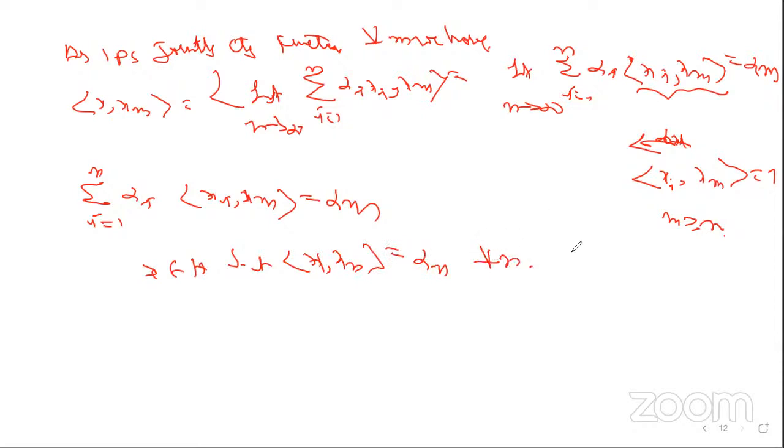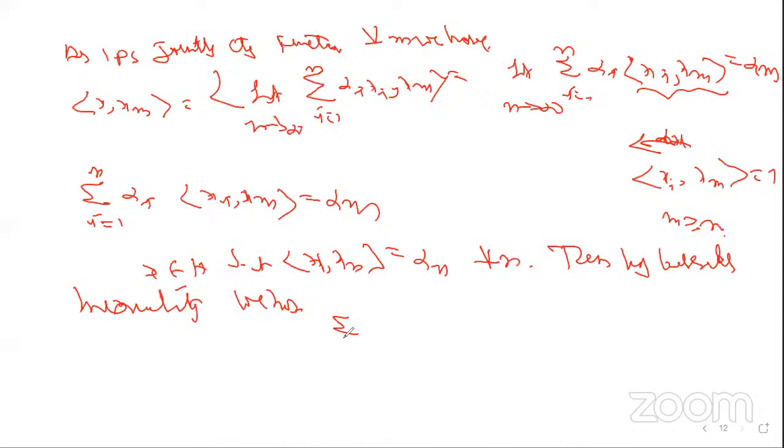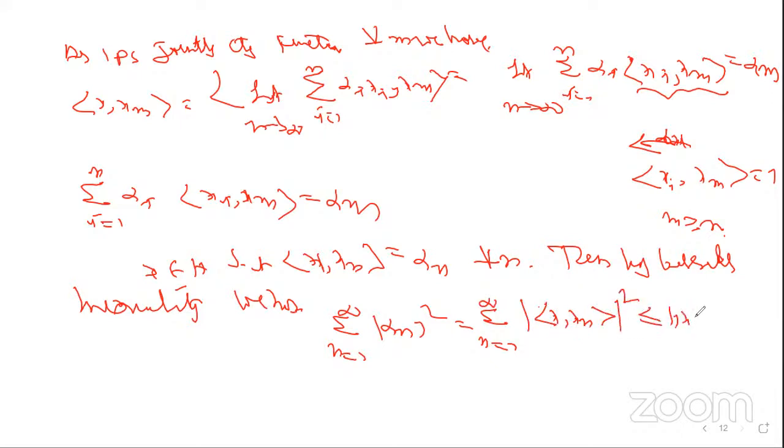Then by Bessel's inequality, we have the sum from n equal to 1 to infinity of modulus alpha n whole square, that equals the sum of modulus of inner product x comma xn whole square, which is less than or equal to norm x whole square, less than infinity, by Bessel's inequality.